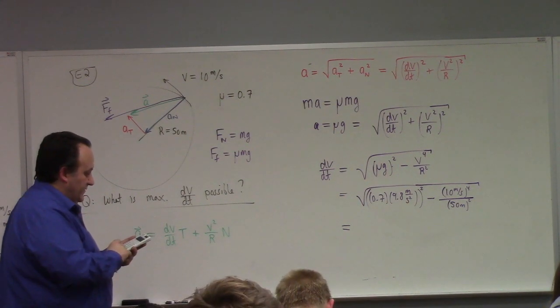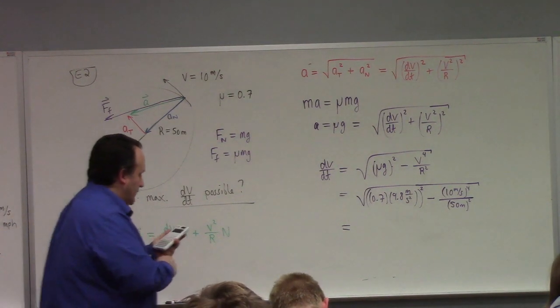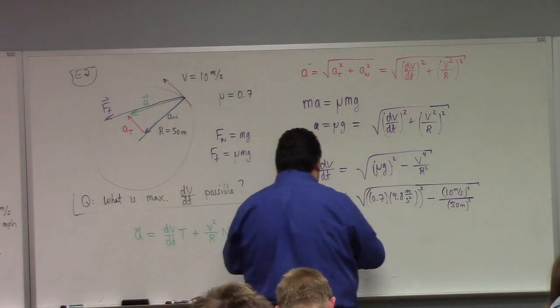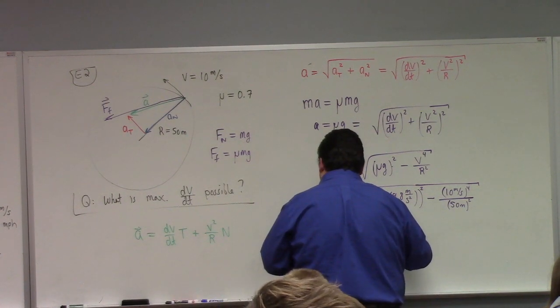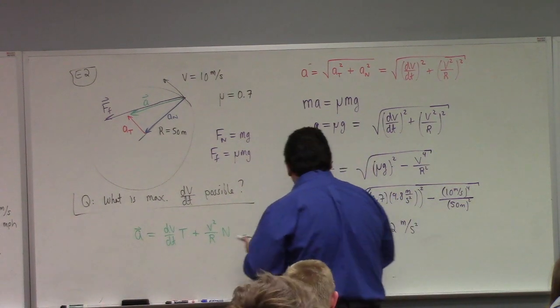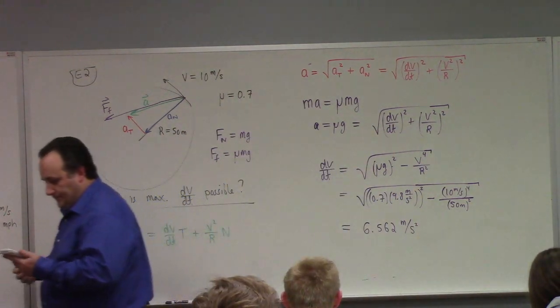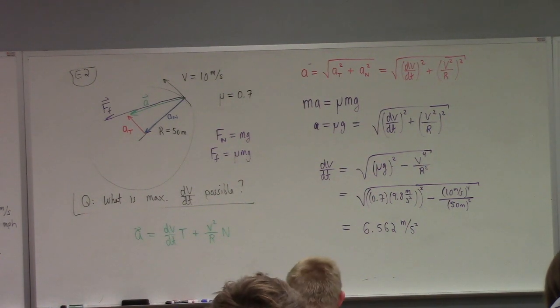I get 43 under the square root. I got 6.56 meters per second squared, and this feels wrong to me. Am I right? Do you guys get anything else? What'd you guys get under the square root? You got 63 under the square root? Anybody else?